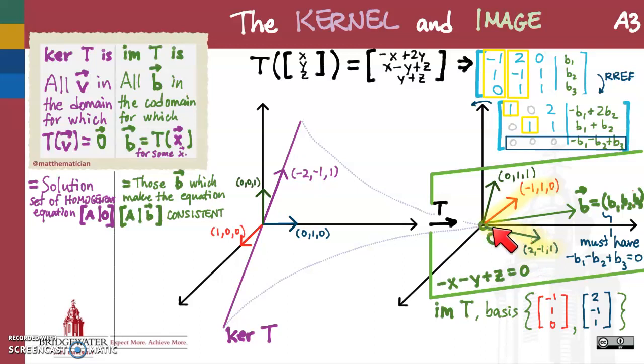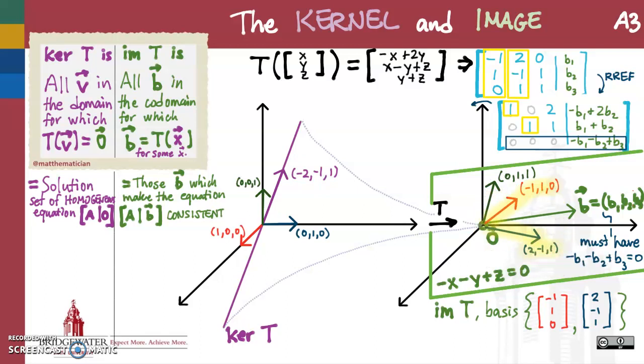Therefore, a basis for the image of t can consist of just the vectors minus 1, 1, 0 and 2, negative 1, 1. Because that is a linearly independent set, because those 2 vectors had pivots in their columns. And it's also going to be a spanning set for the entirety of the image.